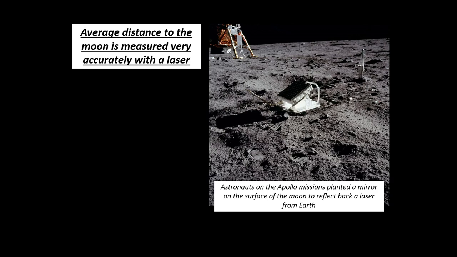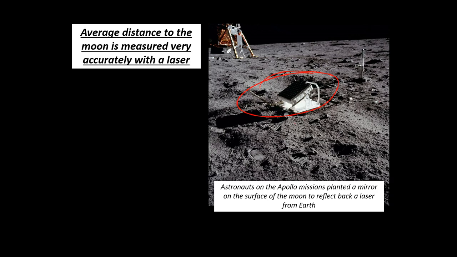Amazingly, just amazing technology, the average distance to the moon is measured very accurately with a laser. We actually have a laser that shines from Earth onto the surface of the moon where the astronauts installed a mirror. It reflects the laser back, and we measure the time that it took the laser light to come back.